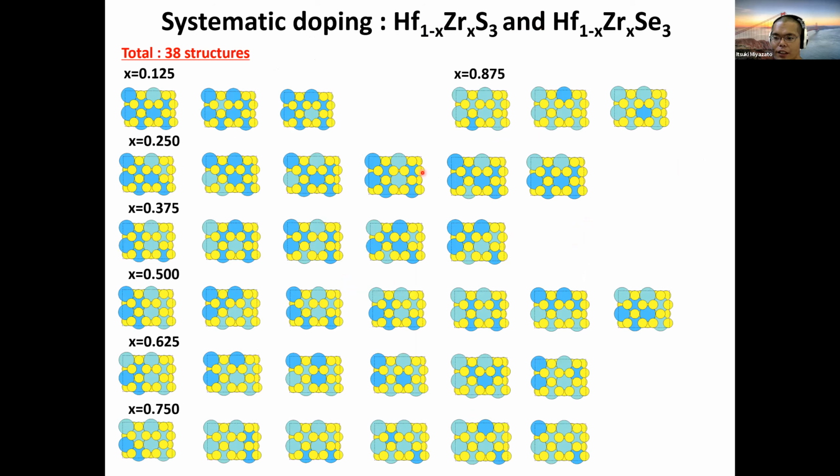Here are all the considered structures of doped HfS3 and HfSe3 monolayers. Zirconium is placed as you can see, and each structure is doubled, resulting in 38 different structures generated as calculation models.